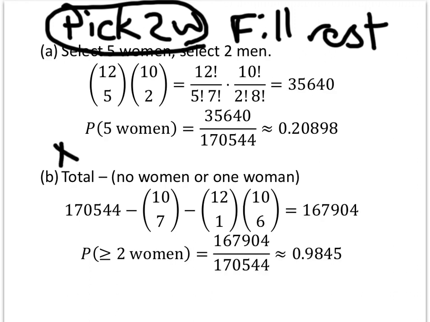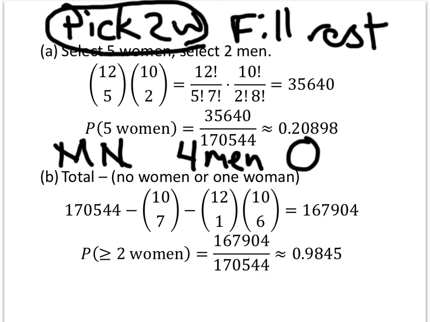Let's suppose when I pick the 2 women, I pick Molly and Nicole. And then when I fill the rest of the committee, we have a total of 5 more people to pick. Let's suppose I had 4 men. And then the last person I pick happens to be Ophelia. If I were to look at another possibility, I could get this same committee by doing the same selection process, and that would overcount the total number of committees that have at least 2 women.